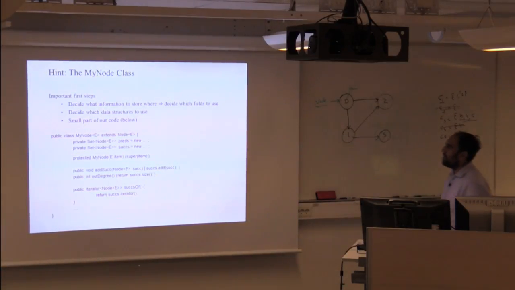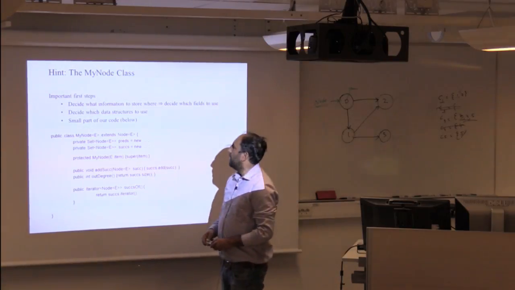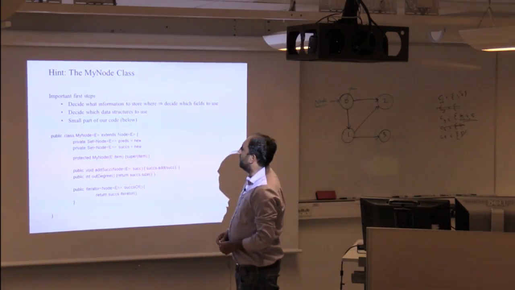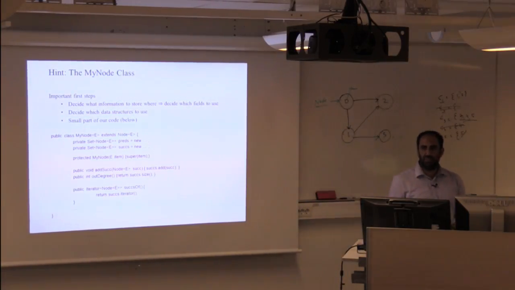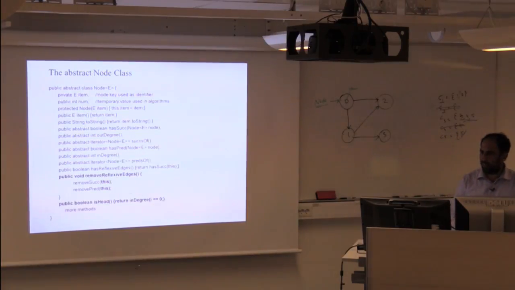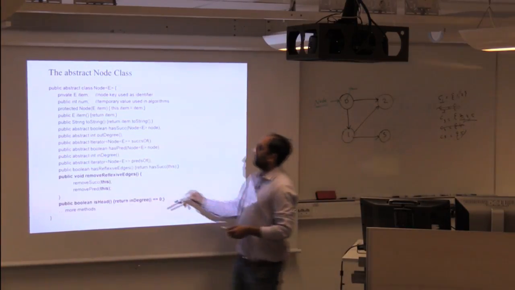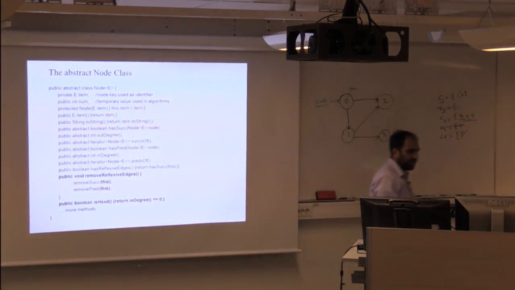Yeah, here are some hints about your implementation for the MyNode class. As I told you, something important is that you should decide what kind of information you want to store in your nodes, and which fields you want to use. You already have a field in the abstract class for the value item, so maybe you don't need it for the values.